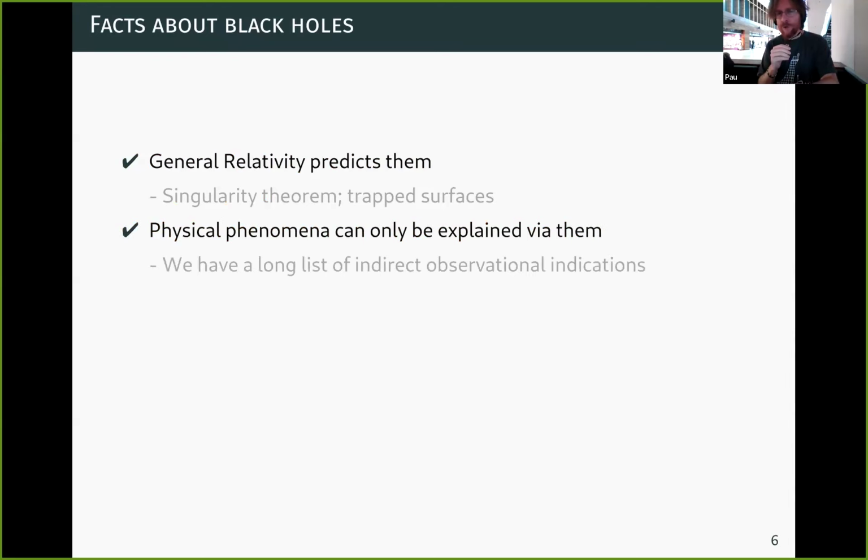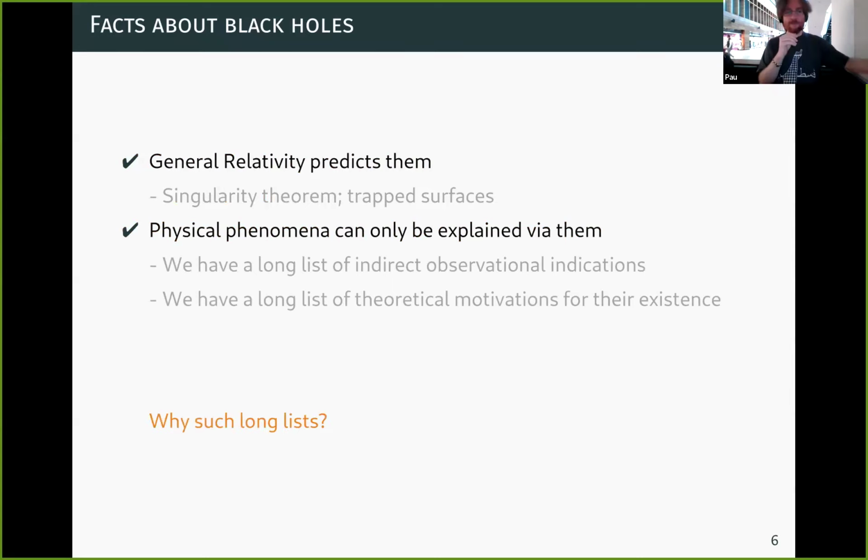We have a long list of indirect observational indications, we have probably an even longer list of theoretical motivations to believe, in quotation marks, that they should exist. This is actually a very common situation in science where you have long lists to have a strong, at least, belief that something should exist.